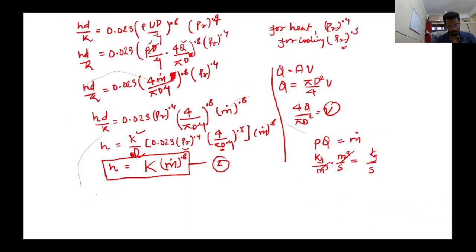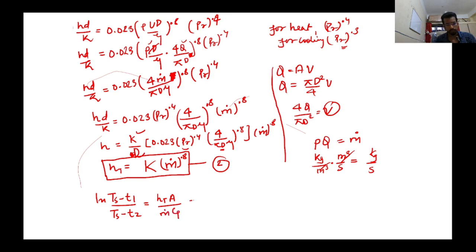So ln of (Ts minus T1) upon (Ts minus T2) is equal to, I will replace U with h, so h and h is the same, area upon m cp.